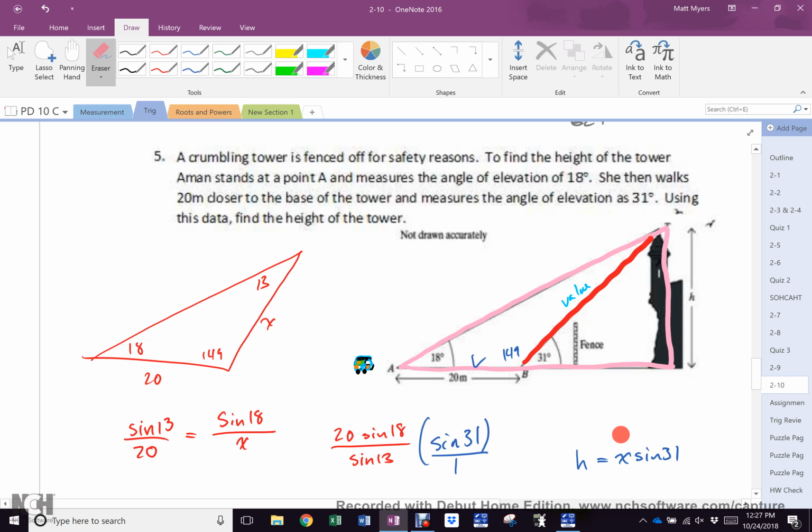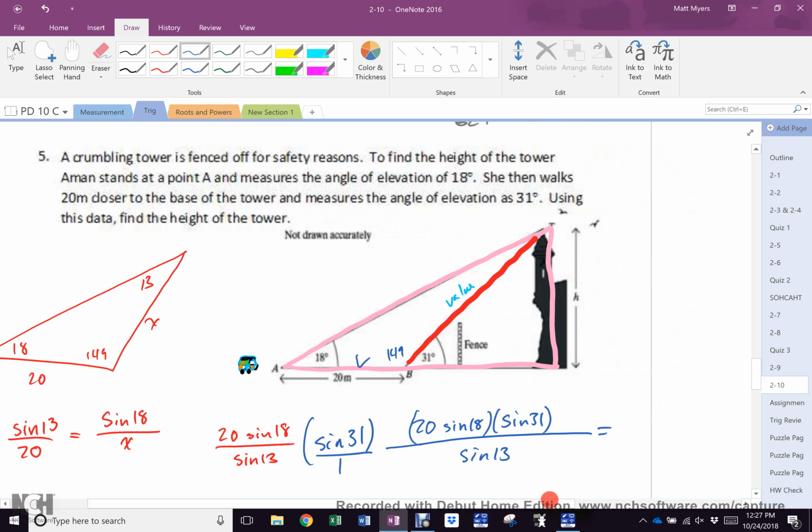So isn't that really just 20 sine 18 sine 31 all divided by sine 13? And what's your answer? 14.4. Well, 14.2 actually.